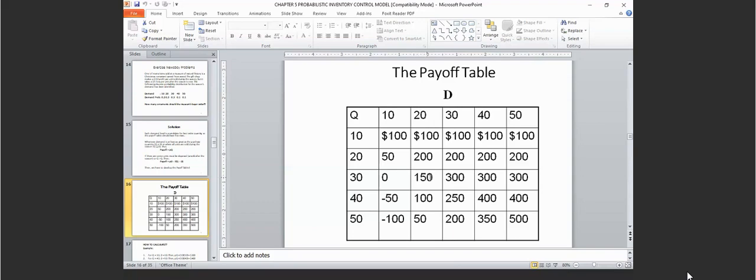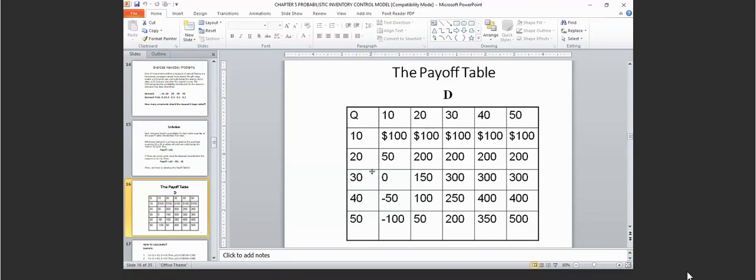So 200 minus 50 ringgit, the expected profit here will be 150 ringgit only after we minus the loss of 50 ringgit. At the expected demand of 30 units, we are able to sell all the quantity ordered from the supplier, so the expected profit will be 300, and with the demand quantity of 40 and 50, we have a profit of 300 and 300.